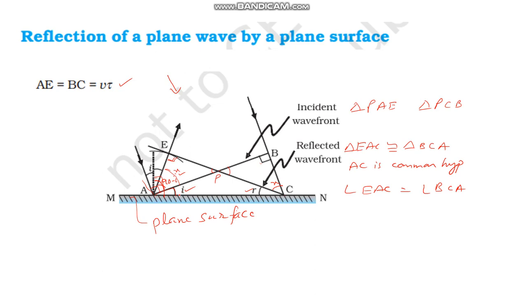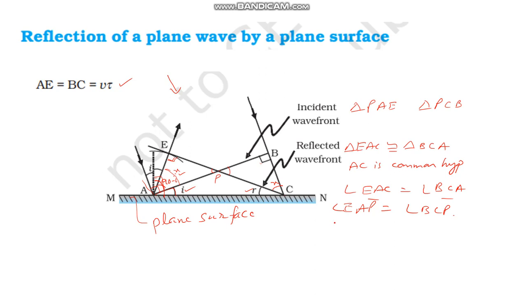You have a common side, you have a right angle also, and this BC is equal to AE. Okay, so basically what you are getting is angle EAC is equal to angle BCA. But here you have seen that this angle EAP is equal to angle BCP.